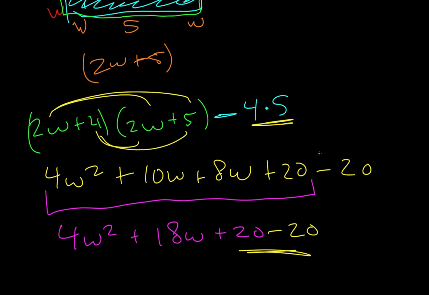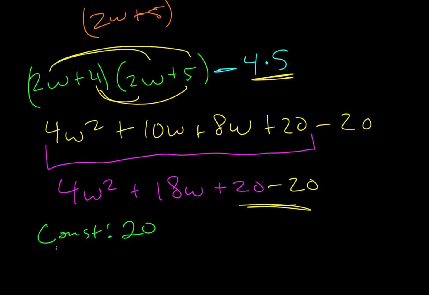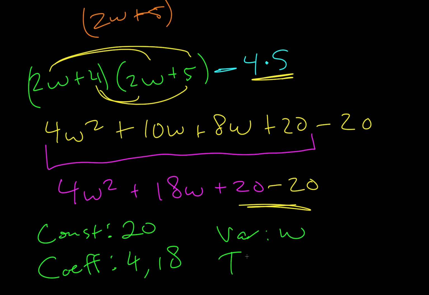Okay, so constants, just 20. Coefficients, it's going to be 4 and 18. Variable, it's just W. And then terms, it's going to be 4W squared plus 18W plus 20.